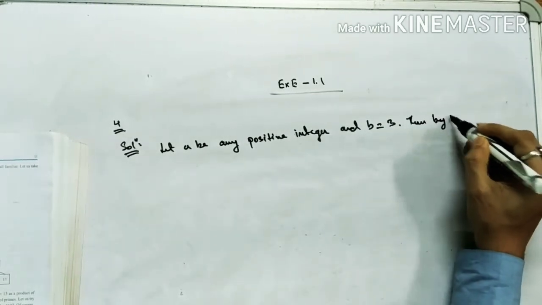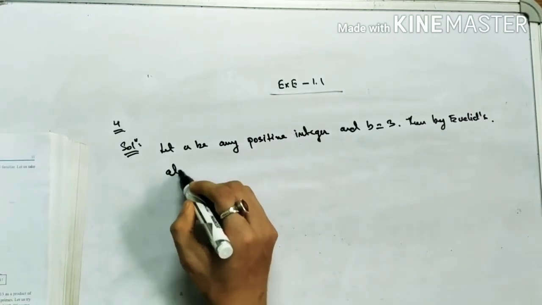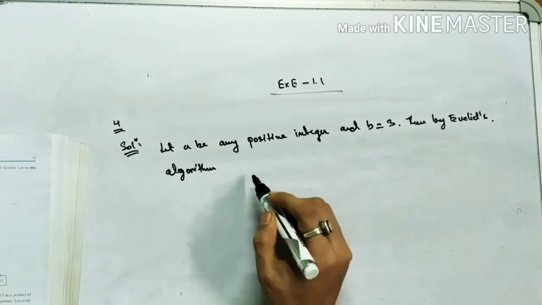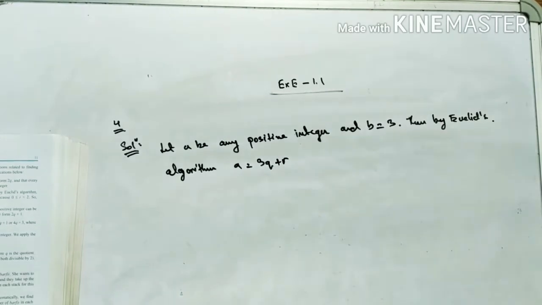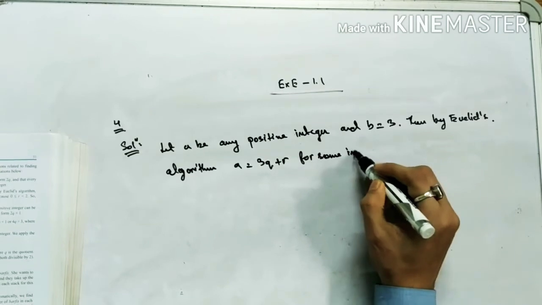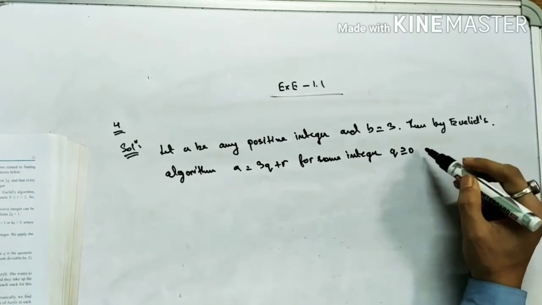Then by Euclid's algorithm, a is equal to 3q plus r for some integer q greater than or equal to 0.